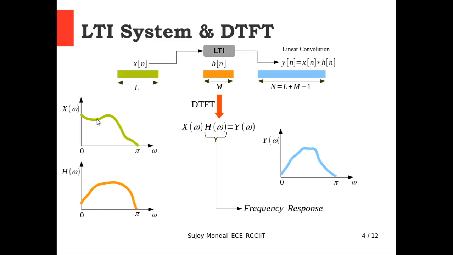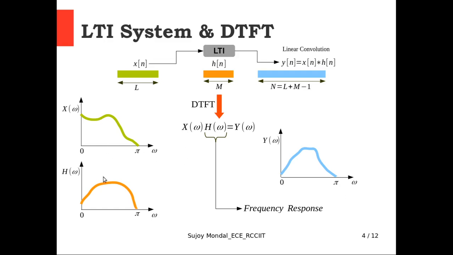After multiplication, if we multiply these two functions in the frequency domain, it would produce something like this. This is an arbitrary example, and we are also showing the output from 0 to pi; the rest of the sections we can extrapolate. Now this is the same thing we discussed about the DTFT.